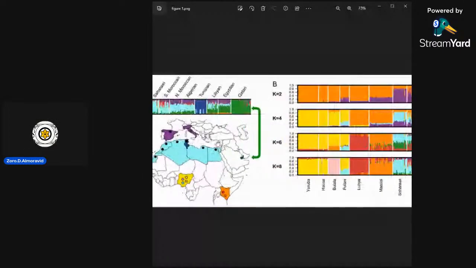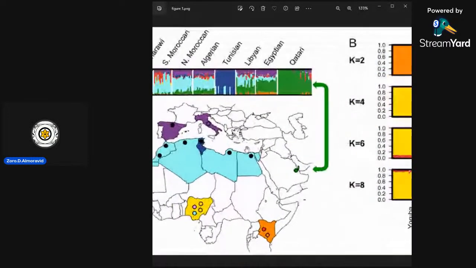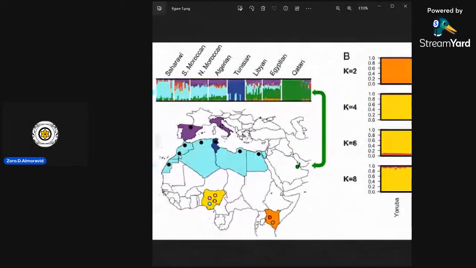As you can see here, this is from the west to the east and the east to the west. So from Egypt, for example, in populations in the Siwa Oasis, you would expect more eastern components.